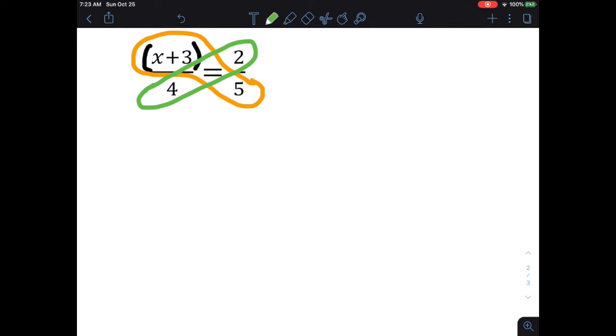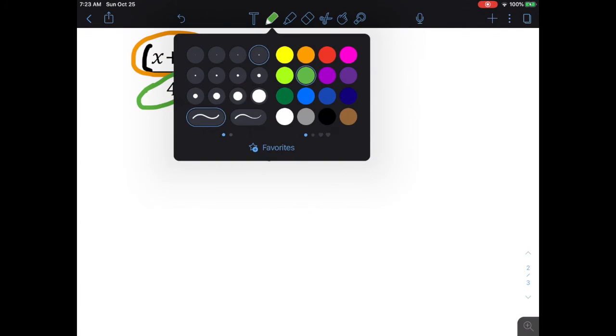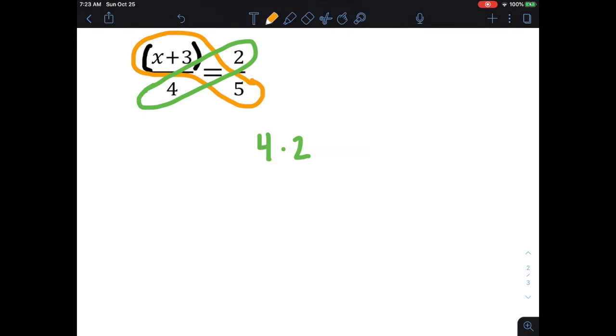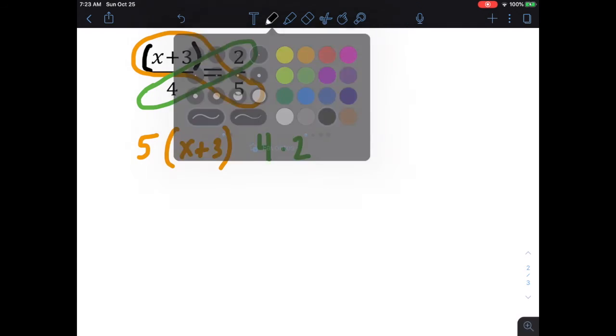Okay, so I know we have 4 times 2 on the right-hand side. And I have this first one, the orange. We're going to keep that x on the right-hand side, so we're going to put the 5 first. We're going to say 5, and then the parentheses x plus 3. And we're going to add an equal sign in the middle.